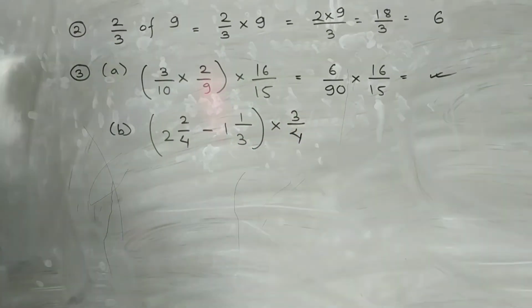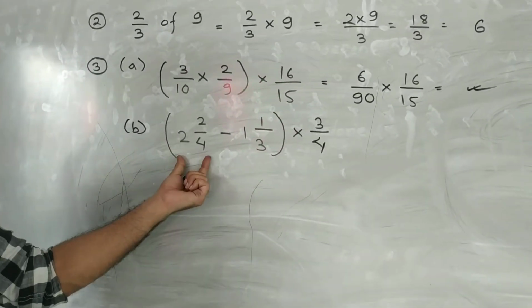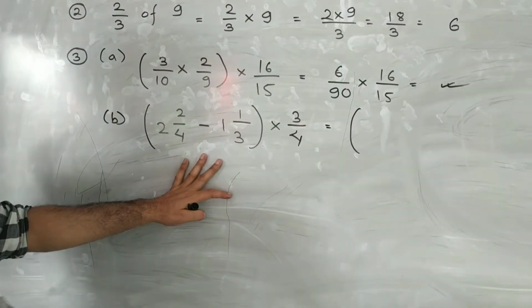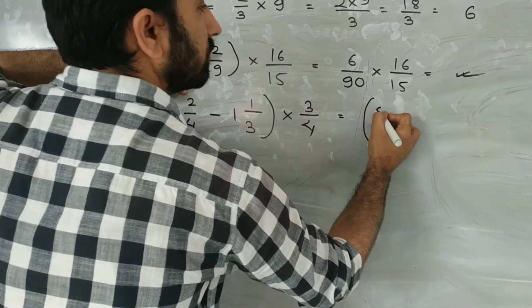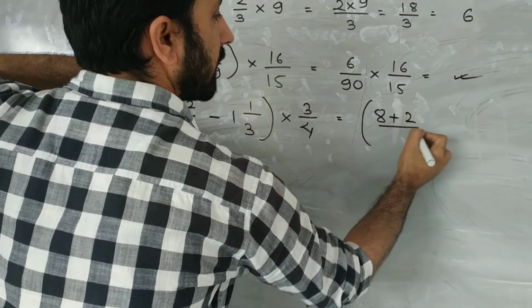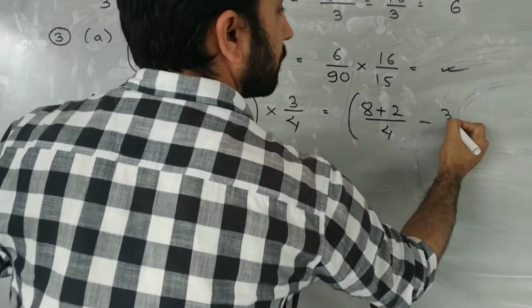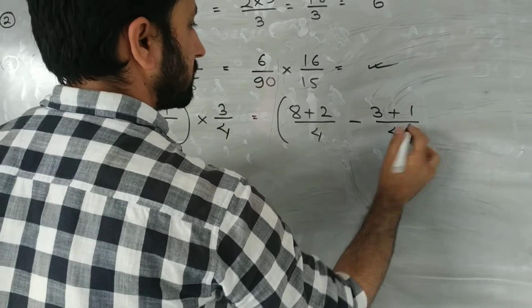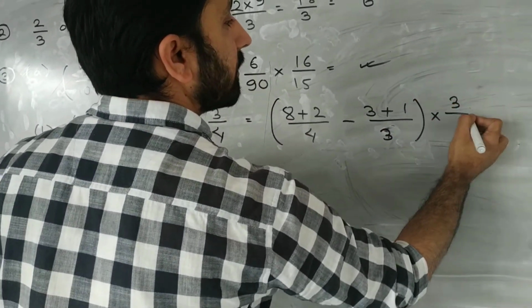Whenever there are mixed fractions, we have to convert these mixed fractions into improper fractions first. 2 4s are 8, 8 plus 2 divided by 4, minus 3 1s 3 plus 1 divided by 3, the denominator is the same, into 3 by 4.